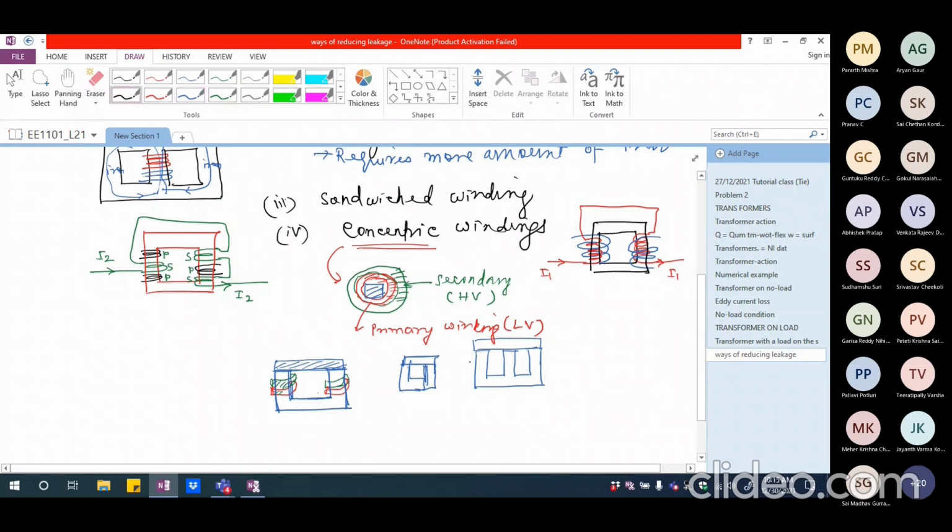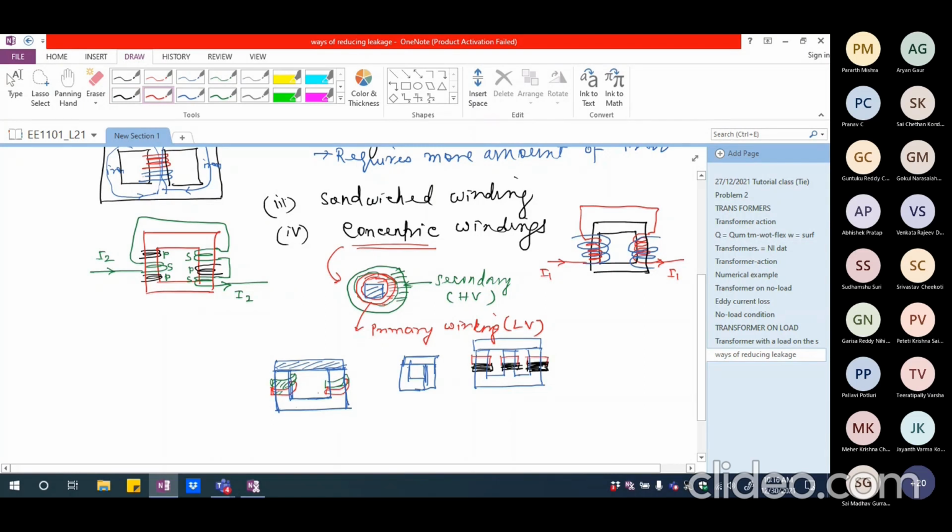So in these cases, I will be able to insert the windings here. I can have the primary winding probably put up like this. This is the primary winding, and I will have one more primary winding here, and I can have the secondary probably put on the top of this. So I can have one secondary here, second secondary here, and third secondary here.